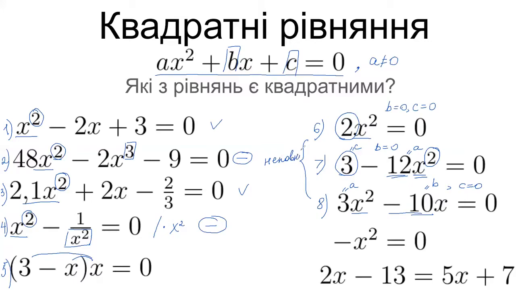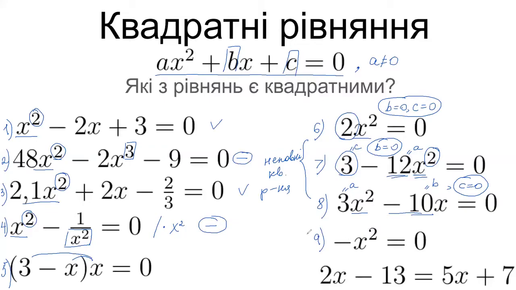We call these three equations incomplete. Why is it incomplete? Because you don't have some b or c here. So you always have coefficient a, but in some of your equations b equals 0, in some of your equations c equals 0, or like in 6, both b and c equal 0.